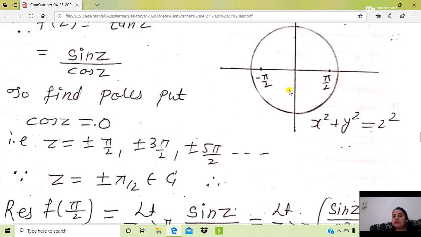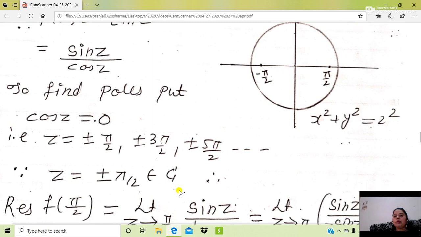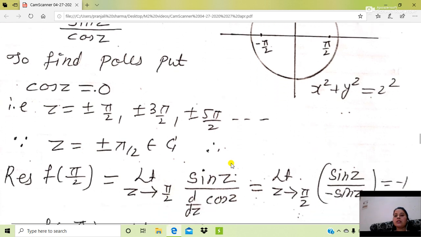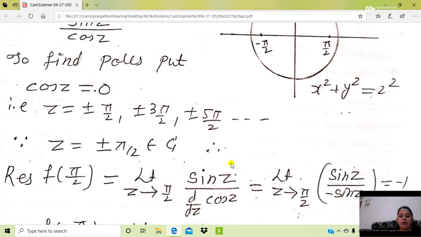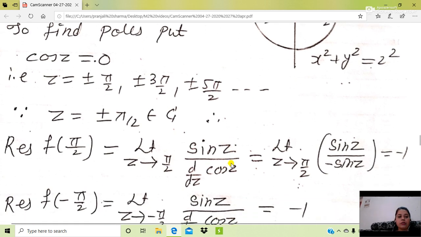Inside our given curve, only two poles are there, plus pi by 2 and minus pi by 2. Now we calculate residue at these 2 points, and the final integration will be 2 pi i into the sum of residues. Residue at plus pi by 2 and residue at minus pi by 2 multiplied by 2 pi i will be our integration.